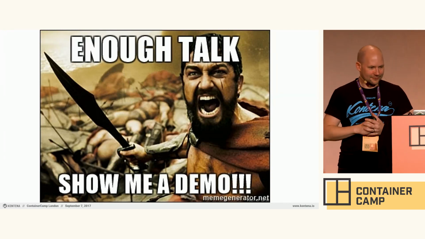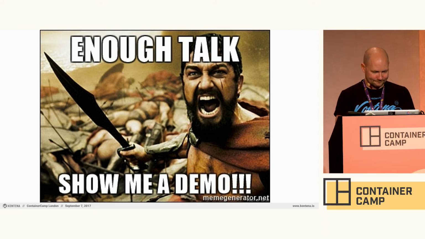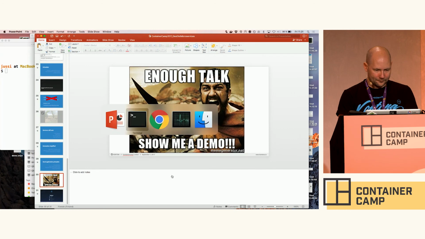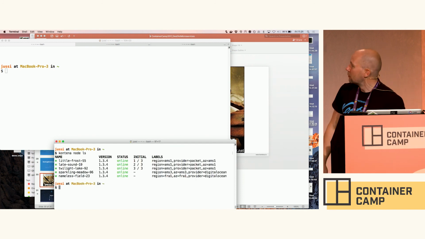Yes, demo, please. Let's see how it goes. So for the demo, I'm going to utilize Kontena as the orchestrator, and just going to show a couple of quick things. Is the font big enough?